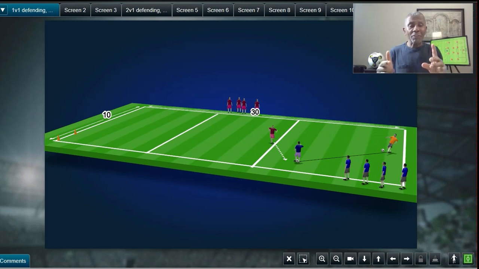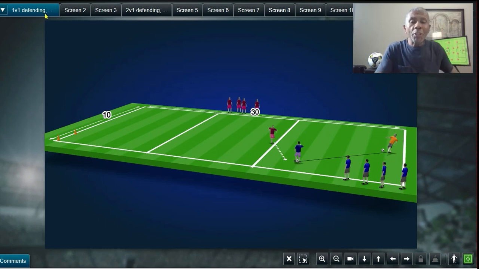The principles of defense are: number one, immediate pressure on the ball; two, cover; three, balance; four, depth; five, vertical compactness; six, lateral compactness.